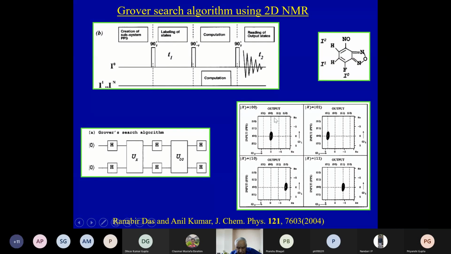The input state is always 0, 0. The search states are 0, 0, 0, 1, 1, 0, and 1, 1. So this is a clear demonstration of the Grover search algorithm using a 3-spin system in which one qubit is a labeling qubit.